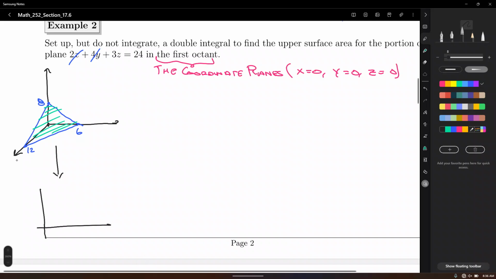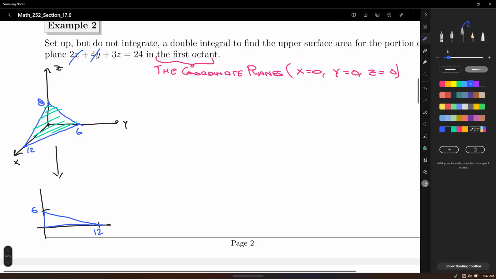Do you see this? x equals 12, y equals 6. That is this projection, right?